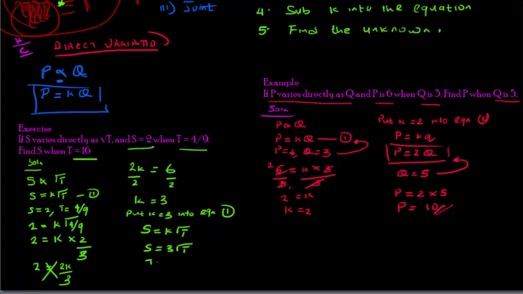So t = 16. Substitute into this equation. s = 3√16. Square root of 16 is 4, so s = 3 times 4. s = 12.